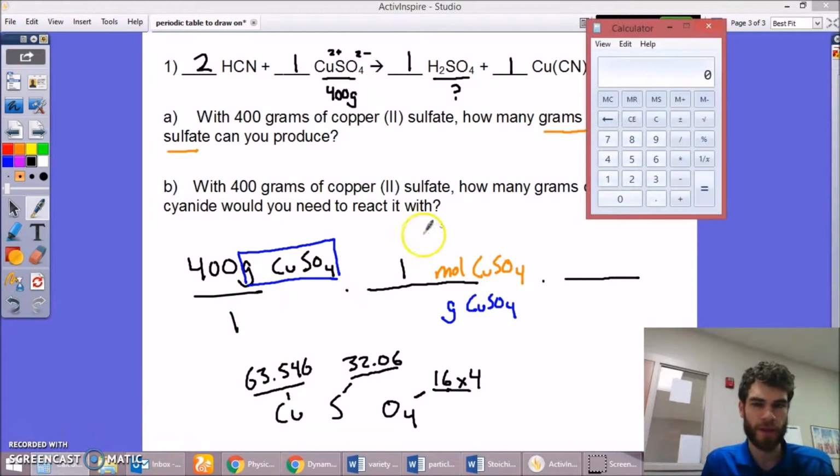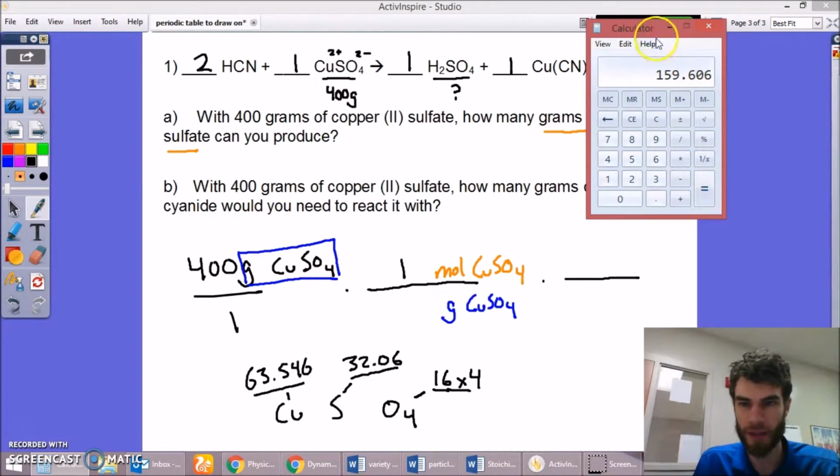Alright, now let's add all this up in the calculator. So we have 63.546 plus 32.06 plus 16, and 16 again, and a third 16, and a fourth 16 for all 4 of those oxygens.